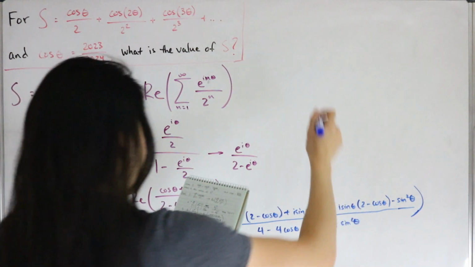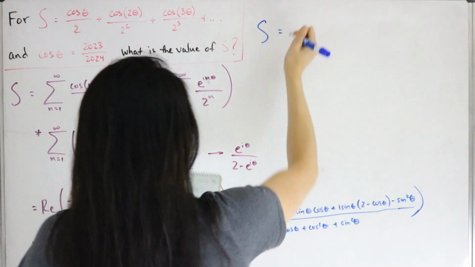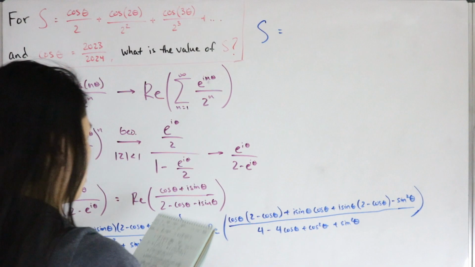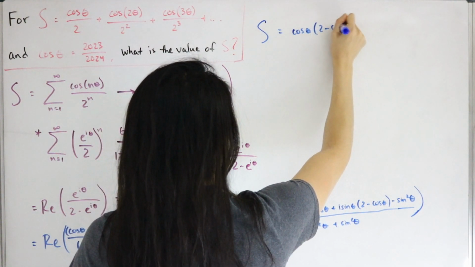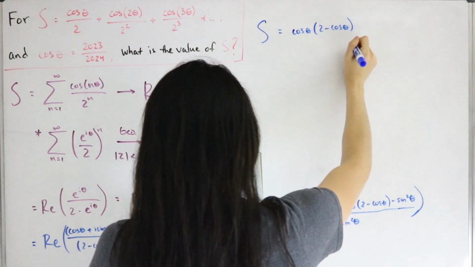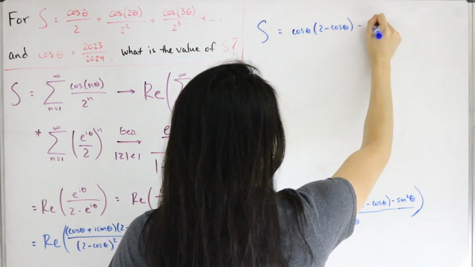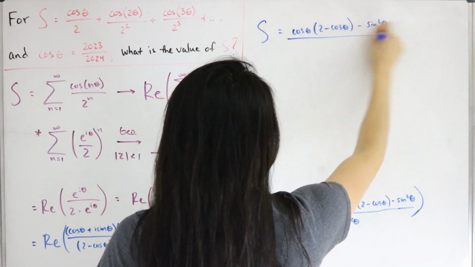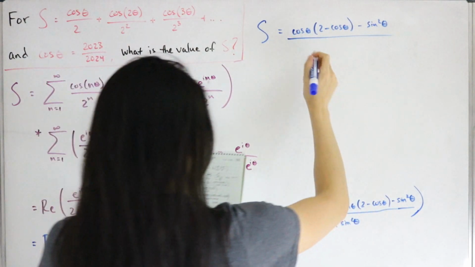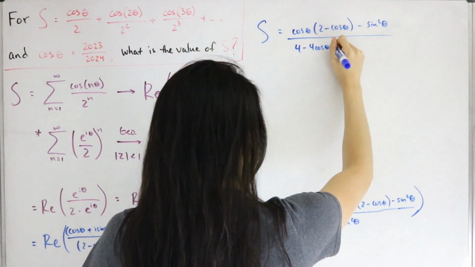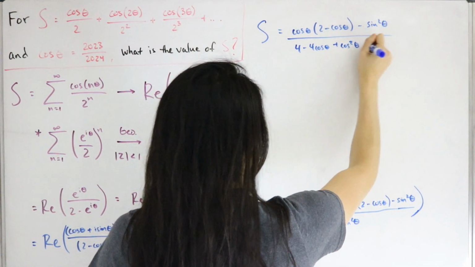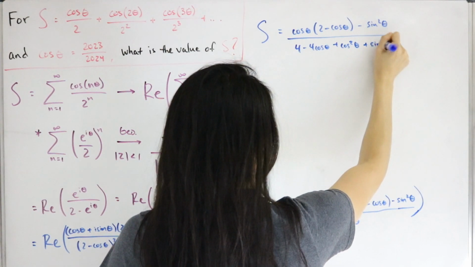And so we're left with S equal to, now we just take the real part, of course, so it's going to be cosine theta multiplied by 2 minus cosine theta, and then now subtract sine squared theta, all this being divided by, I'm just going to continue writing, 4 minus 4 cosine theta plus cosine squared theta, and then add this with sine squared theta.